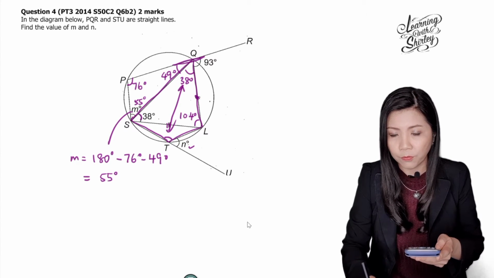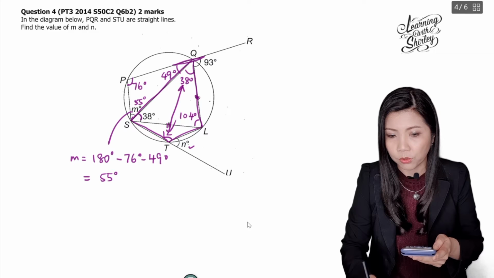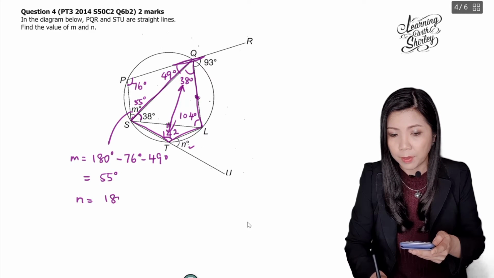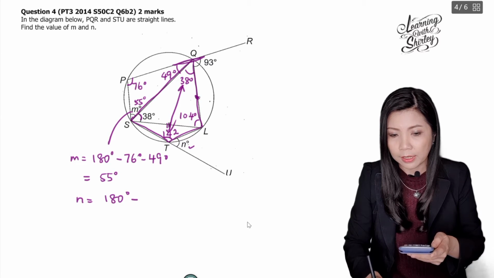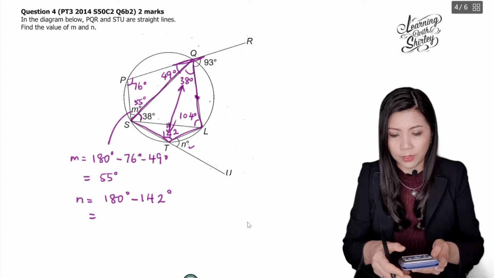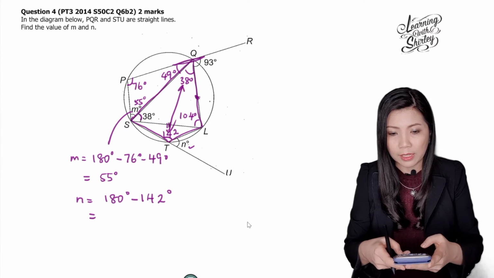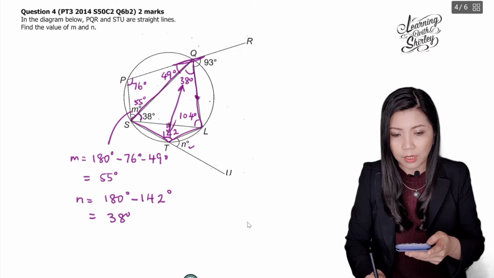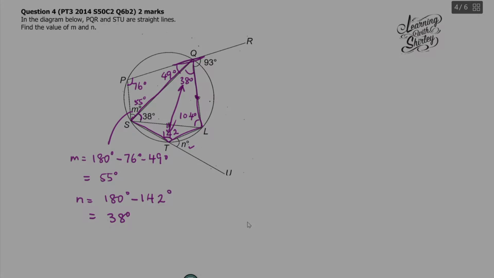So I get 142 over here. To find N, I'm going to use 180 because it's a straight line, minus 142 degrees. 180 minus 142 is 38. So 38 degrees, that is the answer.